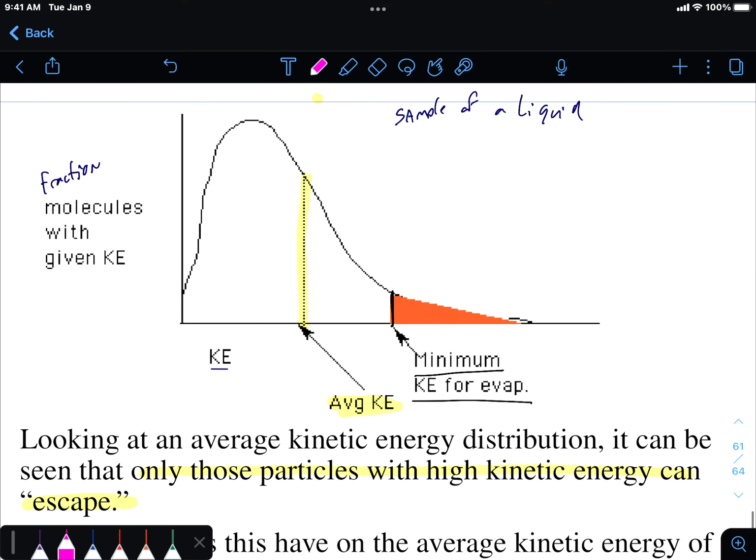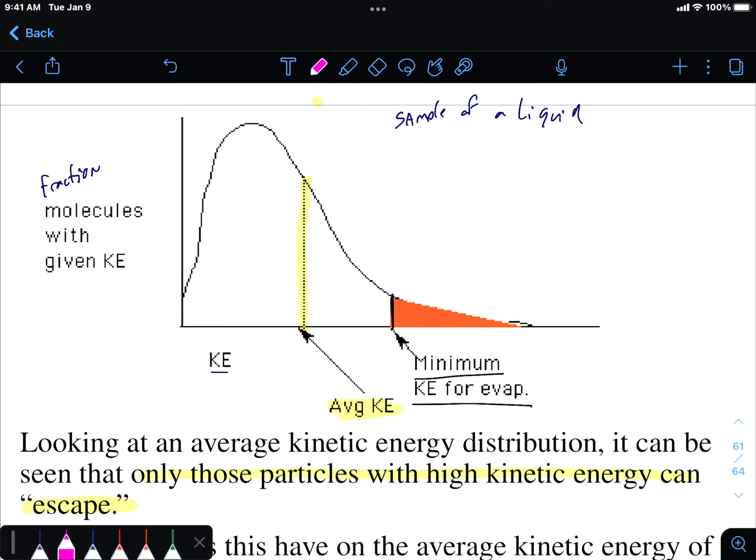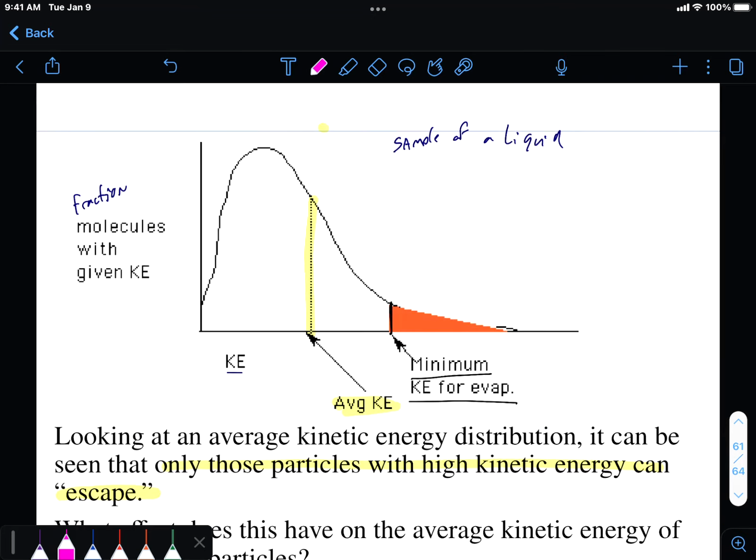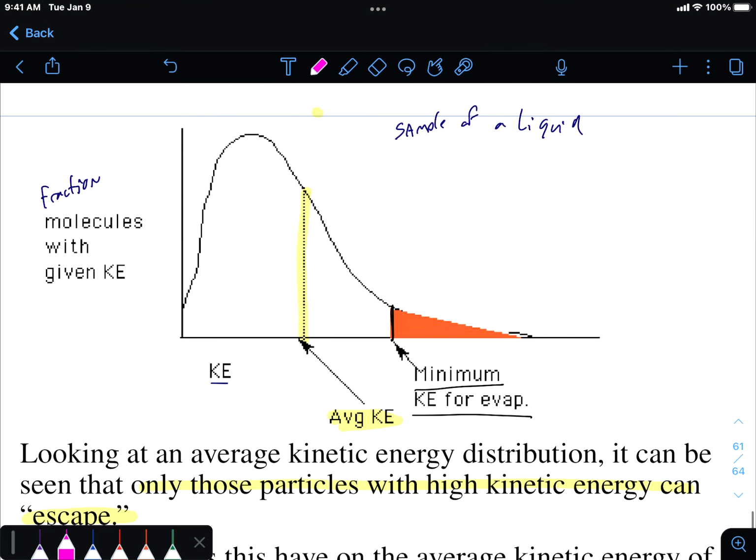So if only the fastest moving molecules can evaporate, when they do evaporate, the graph looks like that. Does that make sense? These guys here, the ones that could evaporate, they did, and they left.